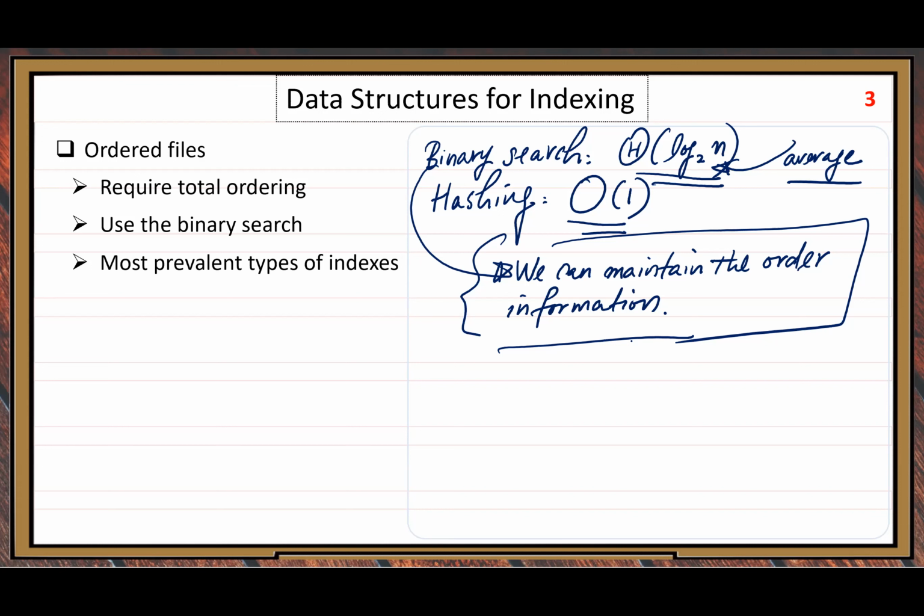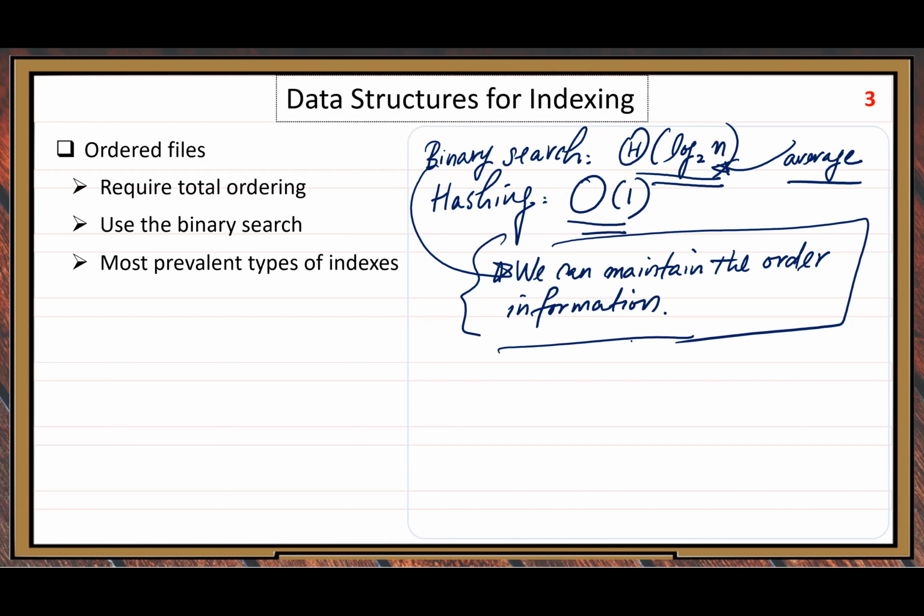Your index files already have the order information, already sorted for you, so you can retrieve your data in a certain order really fast. But with hashing, if you need ordered data, you need to do the sorting, and that's very expensive.